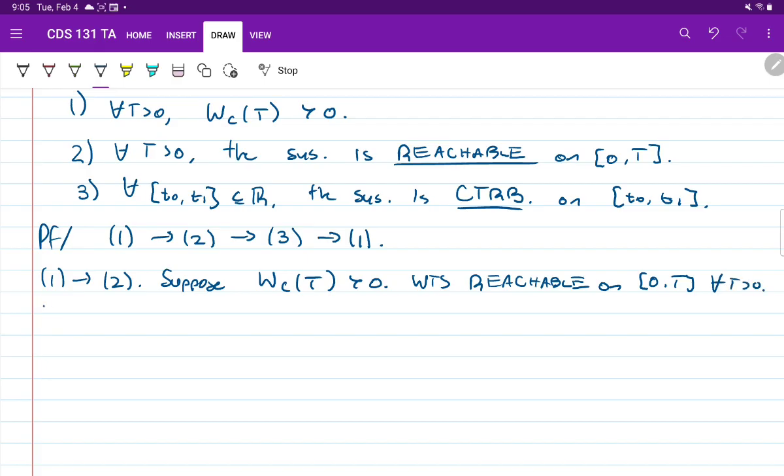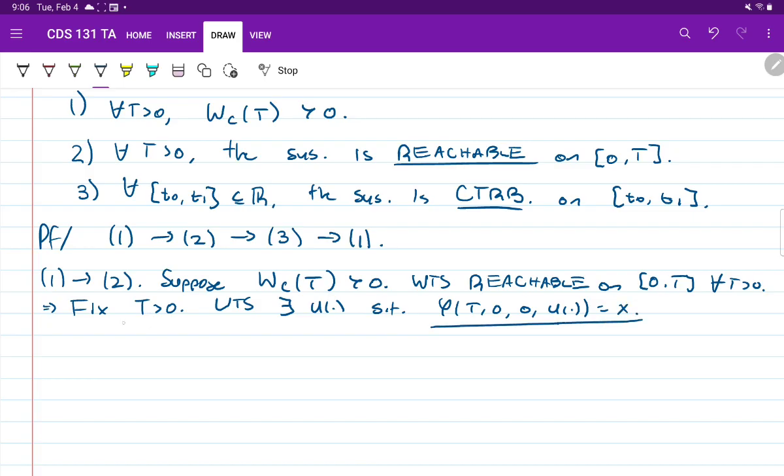So let's fix a time t greater than 0, and I want to show there exists an input u such that phi(t, 0, 0, u) equals some final state x. I also want to fix an x in R^n.